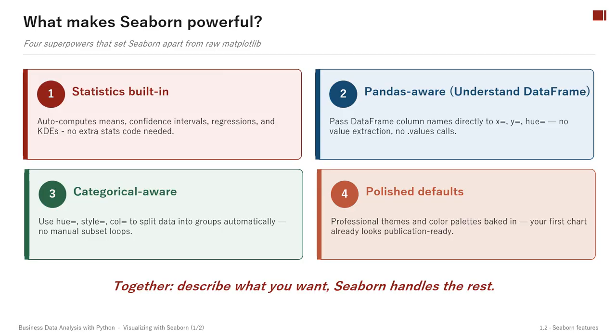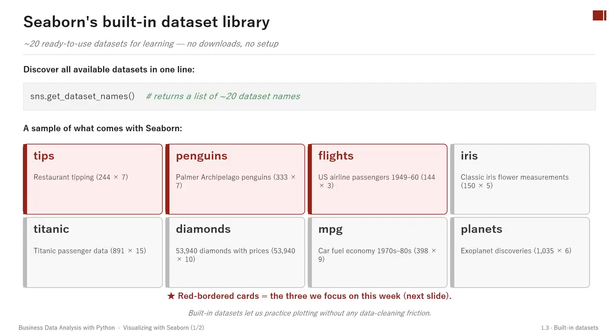So that is like the less-is-more idea in this course. You just put in the data, and it will give you the chart. Besides the powerful functions, there is another special thing: Seaborn's built-in dataset library. What does this mean?